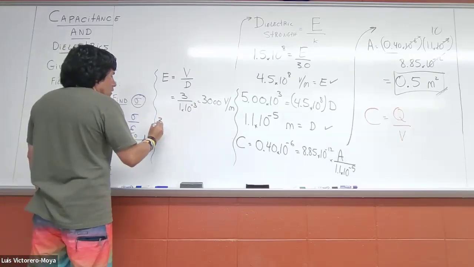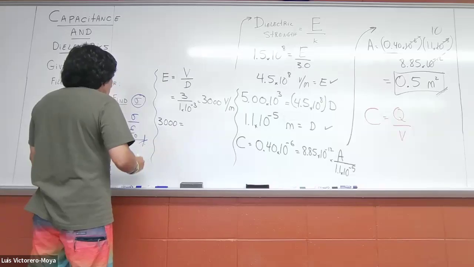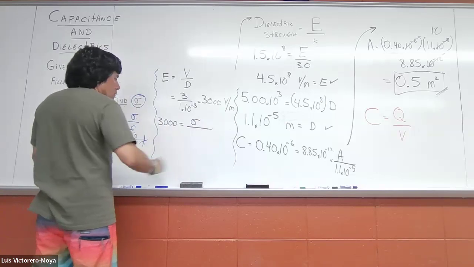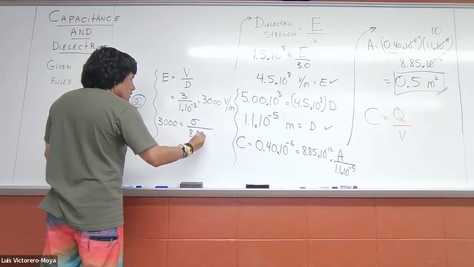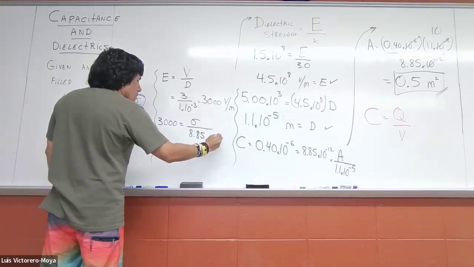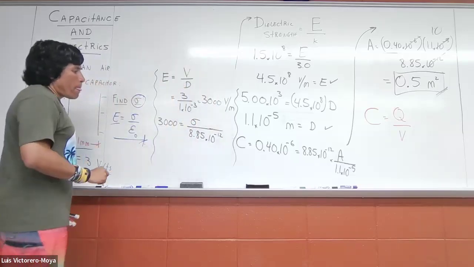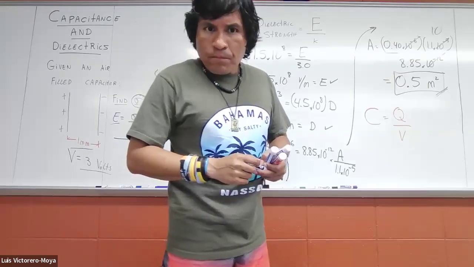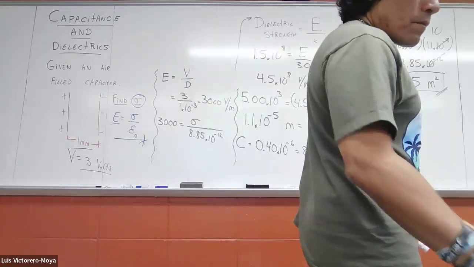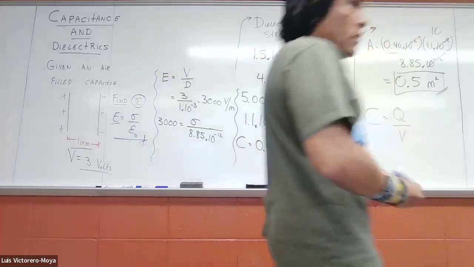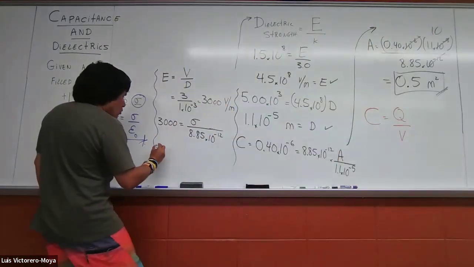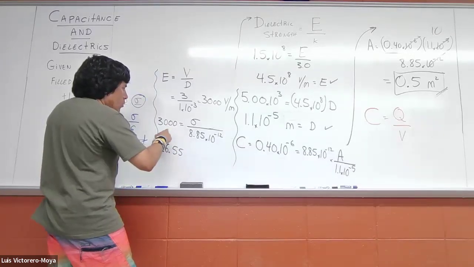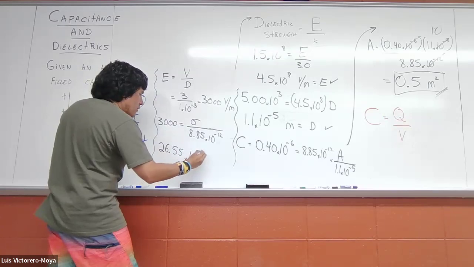Then 3,000 is sigma over E naught, which is this. All right. 26.55 multiplied by 10 to the negative 9.